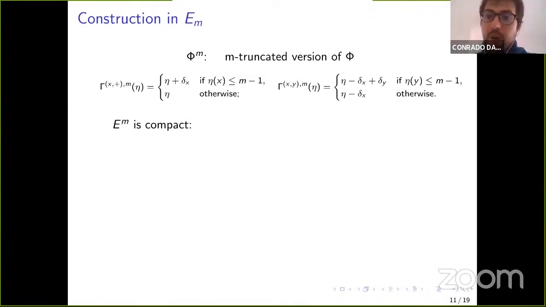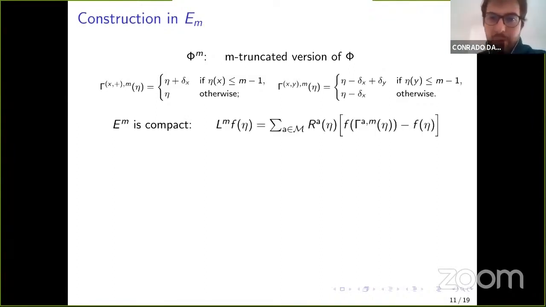To do so, we're following the classical construction using Hille-Yosida approximation that's done in chapter 1 from Liggett, which makes sense of these formal generators as true generators of a semi-group that eventually creates our process. Remember that we read this as saying from eta, we jump to this new configuration, which is, let's say, gamma_A^M eta with rate R_A.